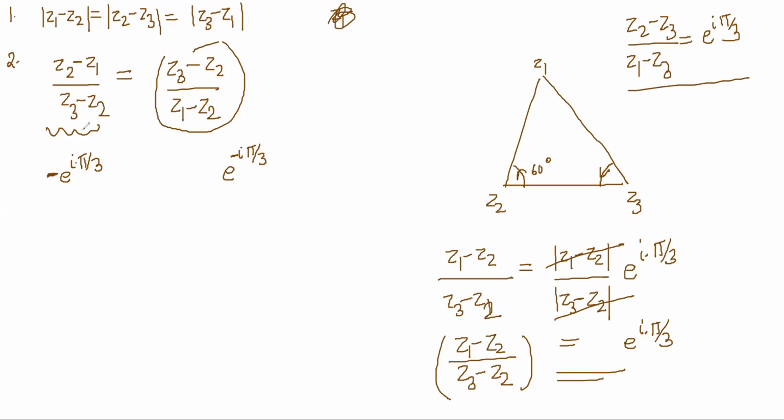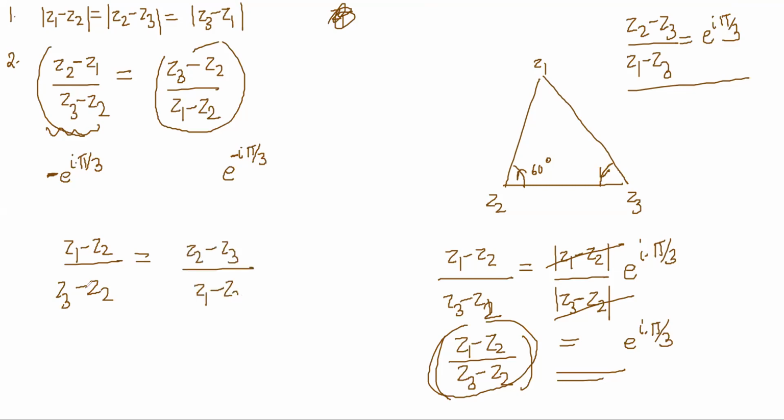You'll say Z1 minus Z2 by Z3 minus Z2 is equal to this one, Z2 minus Z3 by Z1 minus Z3. Now this makes a lot more sense because both of them are equal to e power i pi by 3, right? This condition is the actual real condition. I think there is some mistake there. I did not expect that.